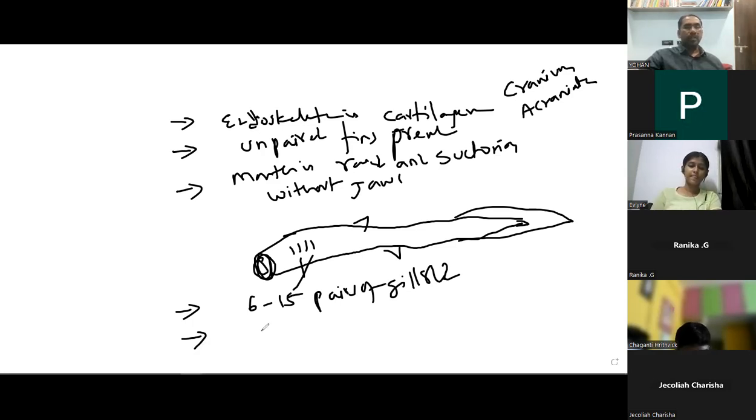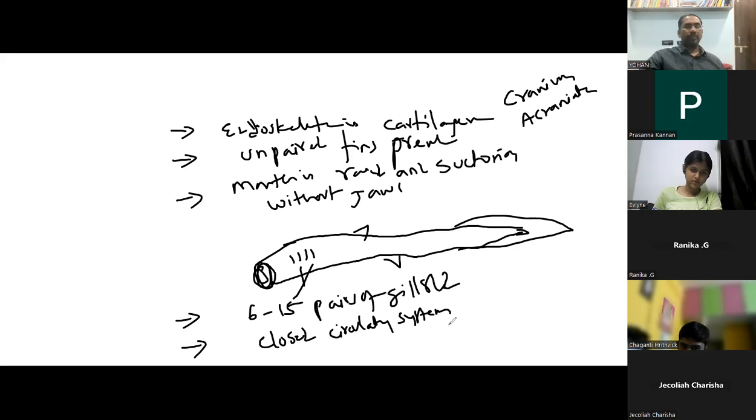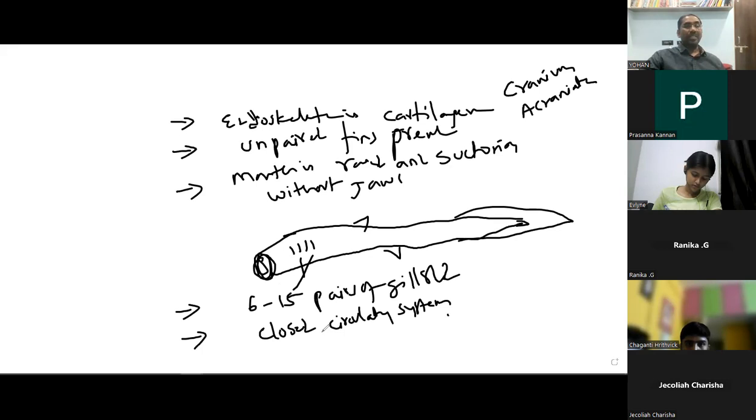Circulatory system is closed. Excretory system is not given. You know, excretion by kidneys. Sexes separated. And already we discussed, the adults migrate to freshwater for spawning.